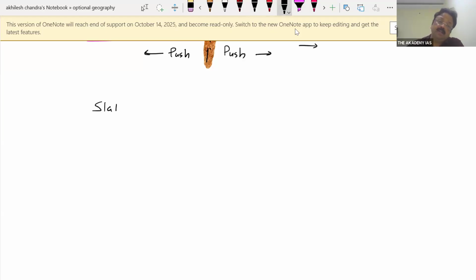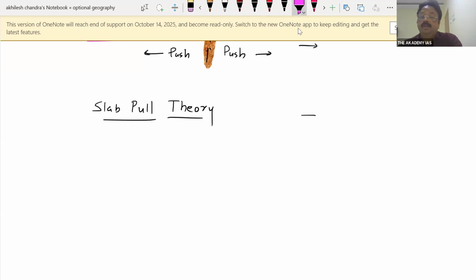In order to understand slab pull, we need to understand isostasy first. Okay. To understand slab pull theory, I would like to tell you something about isostasy. So isostasy is an equilibrium. You know, this is the lithosphere, and this lithosphere is floating over what?